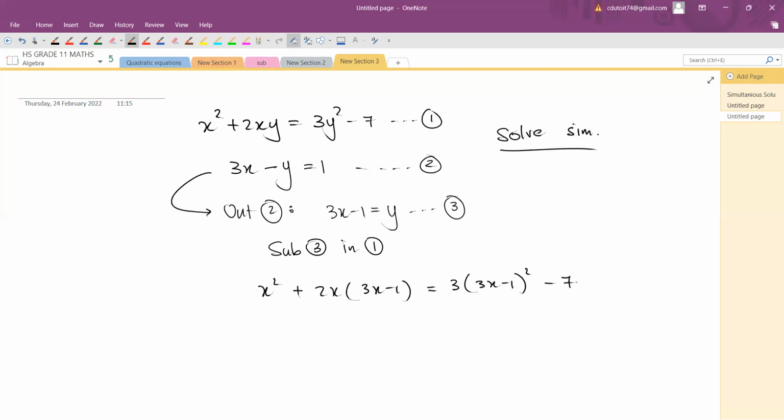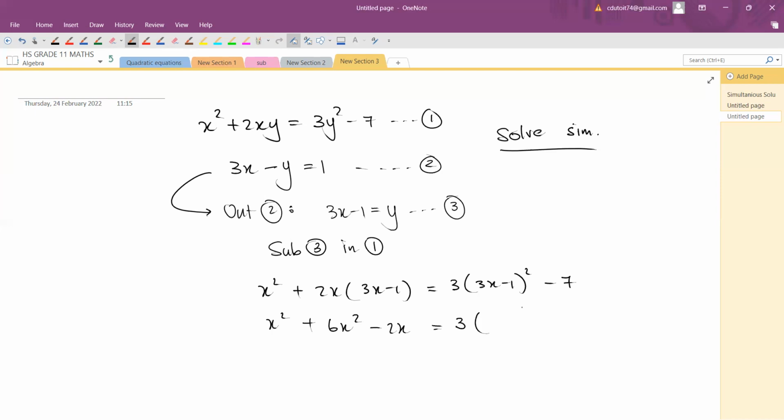And then you multiplied everything out. Then I multiplied and that gave me x squared plus 6x minus 2 equals 9x squared minus 3, negative 7. Wait, I think you made a little mistake here.